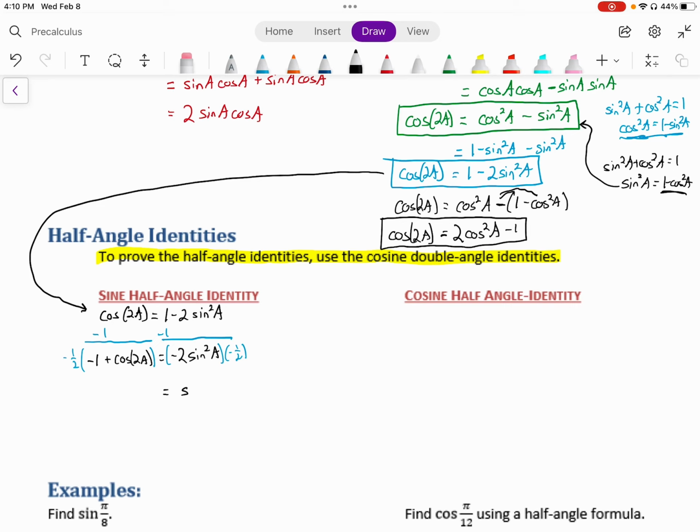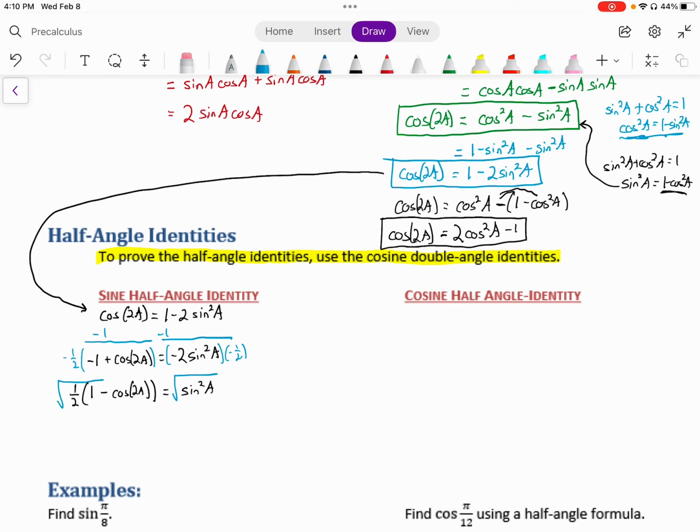So over here on the right, we have sine squared of a equals, and I'm just distributing in the negative, so I'm going to have the 1/2 out here. Distributing the negative, this would be 1 minus cosine of 2a. And to solve for a, the last thing we would do is take the square root of both sides.